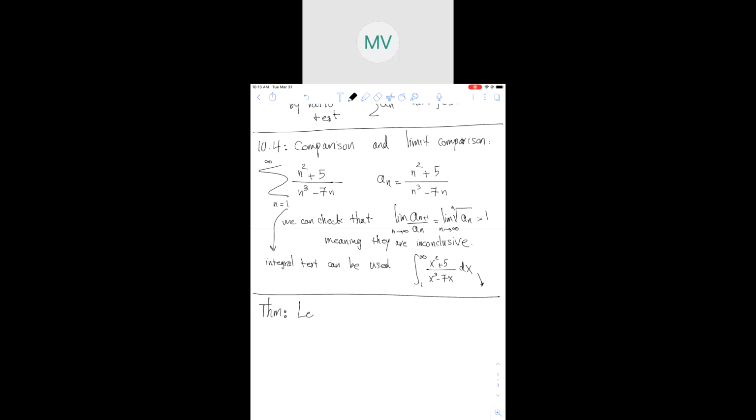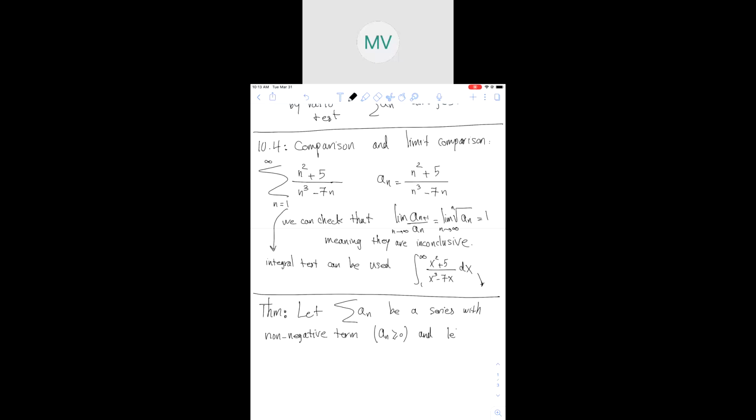So let sigma a sub n be a series with non-negative terms, meaning all a sub n's are bigger than or equal to 0.